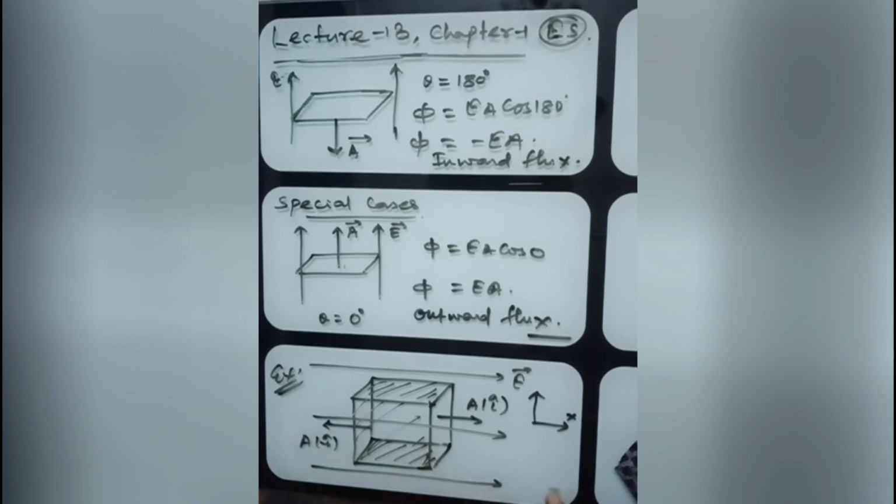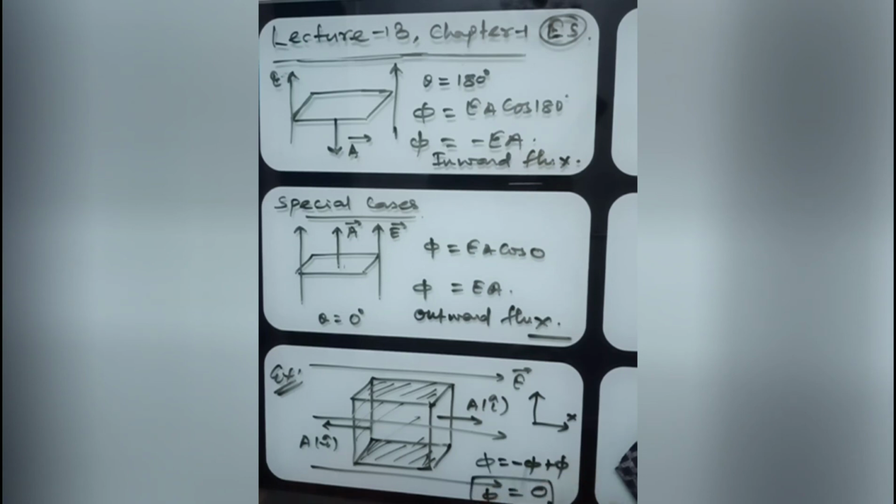So the total counting will be the same. Let us take this one as positive and this one as negative, so minus phi and this one plus phi. How much is it? 0.